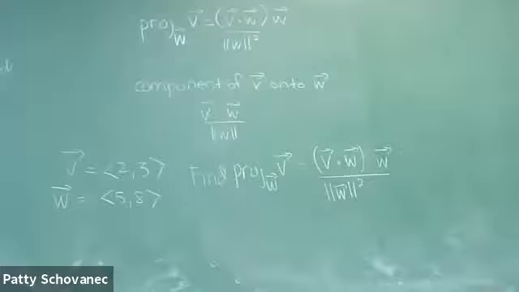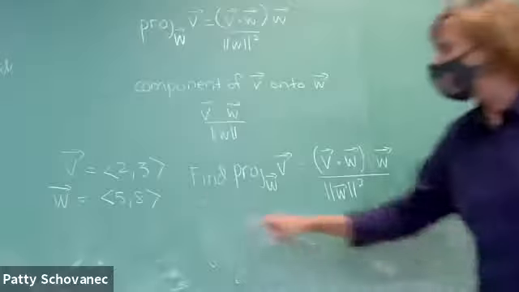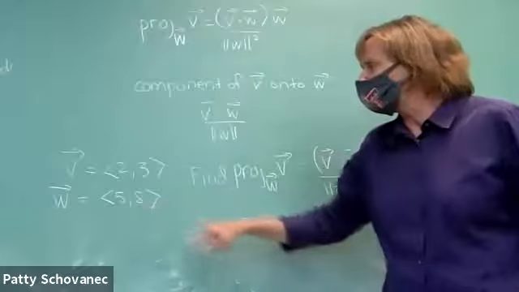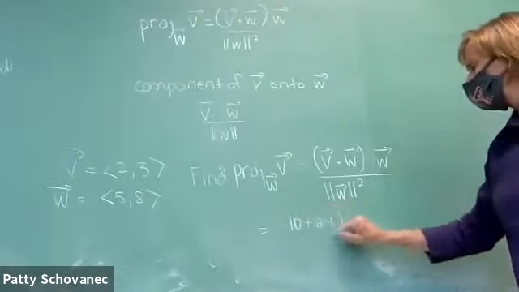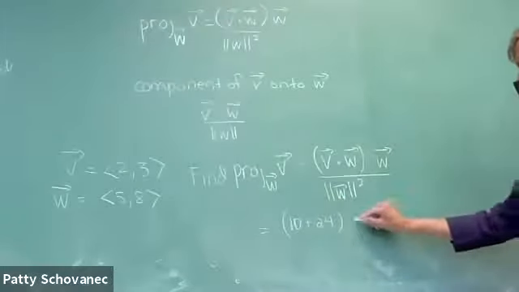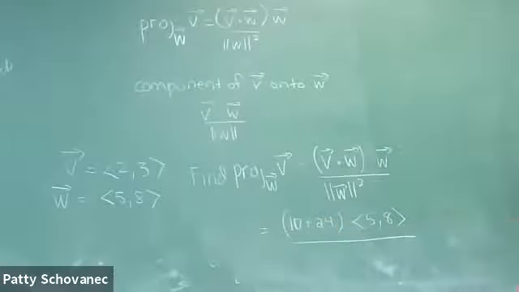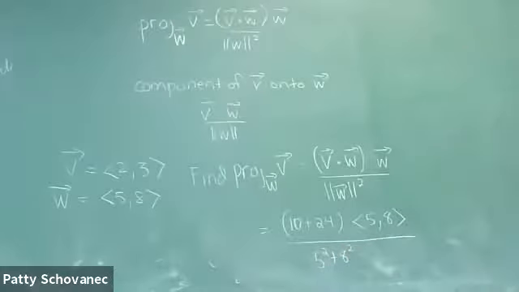Okay, so let's do this stepwise. V dot W, we did a second ago. I lost it. But it's 10 plus 24. And then the magnitude of W squared is just 5 squared plus 8 squared without the square root sign. So 10 plus 24 is 34. 5 squared plus 8 squared is 89.